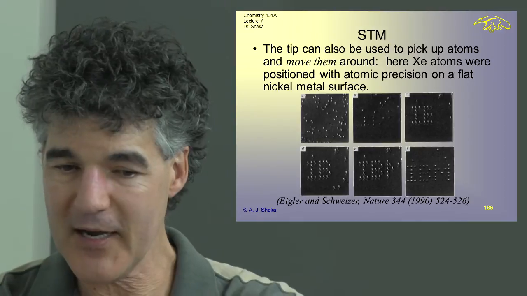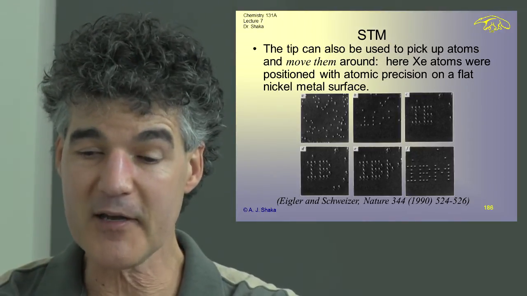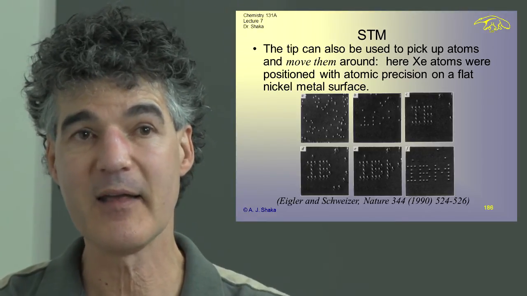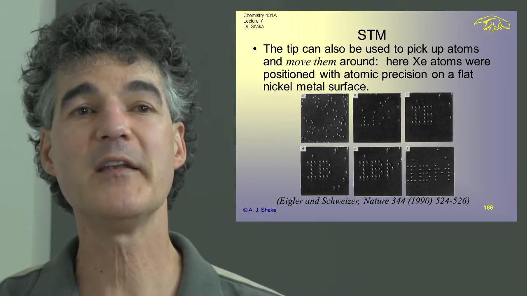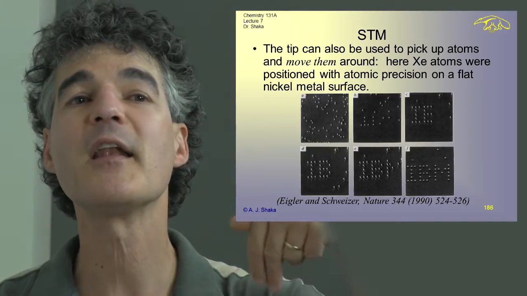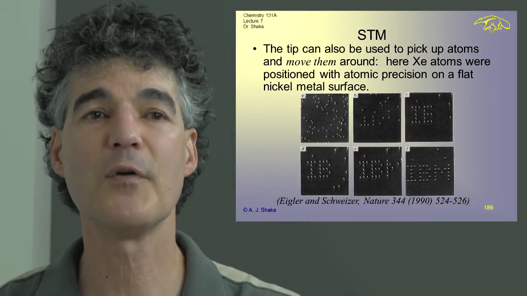And with your XY magical GPS system there, you park it, and then you go get another atom, and you drag it, and another one, and you drag it, and then in between times, you then image the surface very gently, so that you are not dragging any atoms, and then you can see your progress.